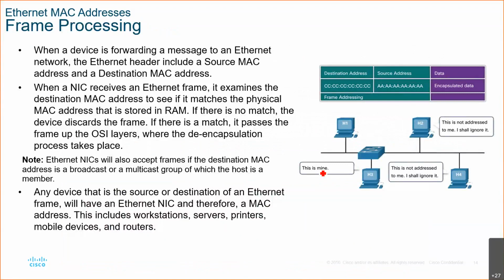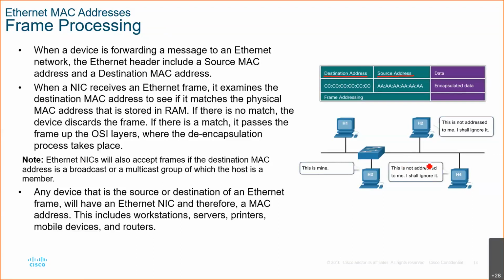When you are sending a message in your Ethernet, your Ethernet header will consist of a source MAC address and a destination MAC address, as you can see over here. So you have where it has come from and where it has to go.